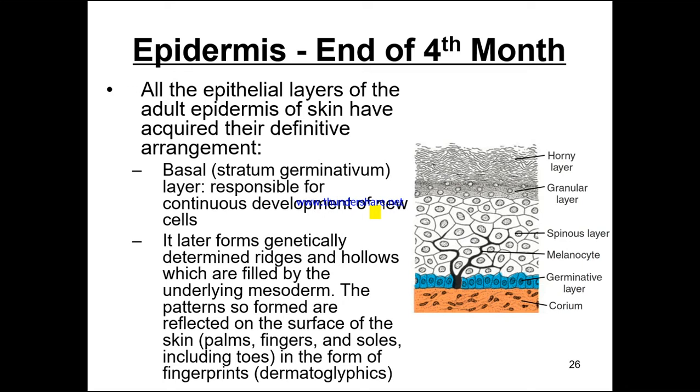It later forms genetically determined ridges and hollows which are filled by the underlying mesoderm. The patterns so formed are reflected on the surface of the skin, for example, the palms, the fingers, the soles, including the toes, in the form of fingerprints.